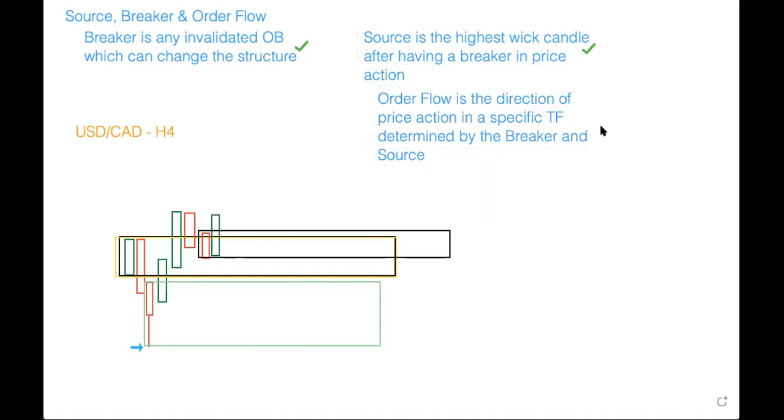So this is the order flow, which of course can be either up or down. So we can have either upside or downside, and definitely we can see the order flow in this case, of course, it's a buy.